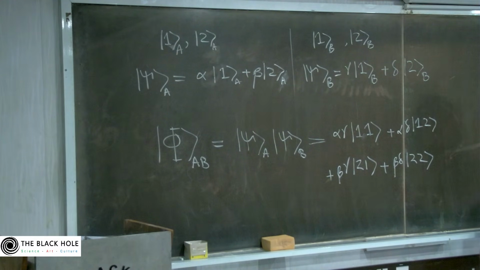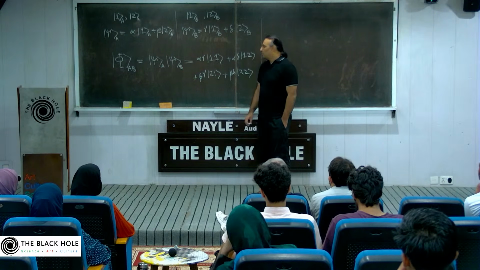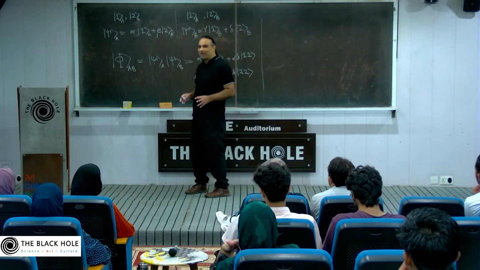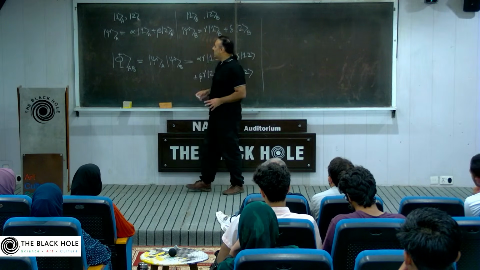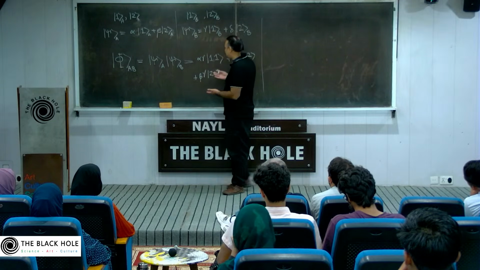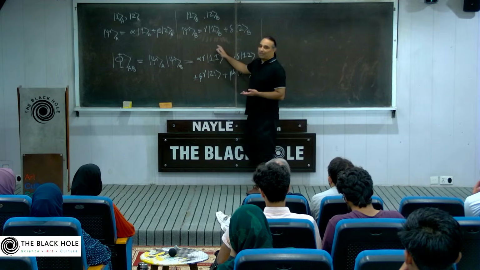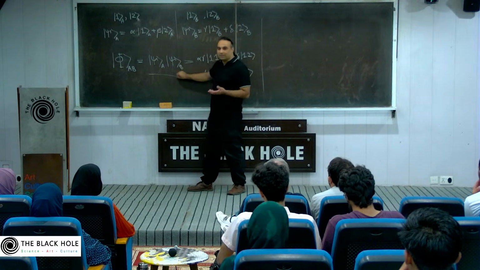Okay, so this seems plausible, but can we do more than this? Can you think of anything other than this as a state for this composite system? Can this composite system have states that cannot be written in this form, that are not simply a product of this form?